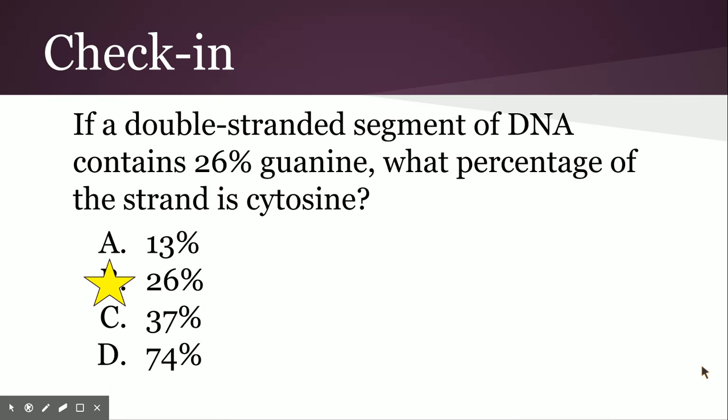Because if it's double-stranded, then every G has to pair up with a C. Now, this is only true for double-stranded DNA. If something's single-stranded, then we don't have that pairing. And I would never ask you a question like that because that would be very tricky and mean. But you should realize that it's the pairing in the double-stranded DNA that gives you information about this.